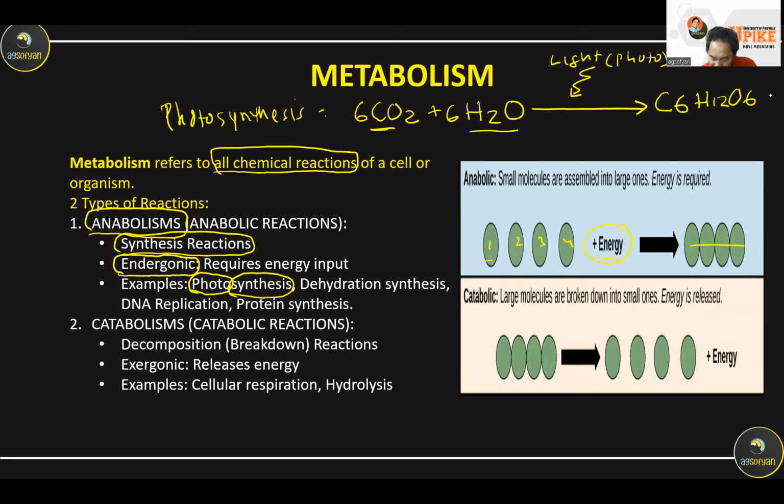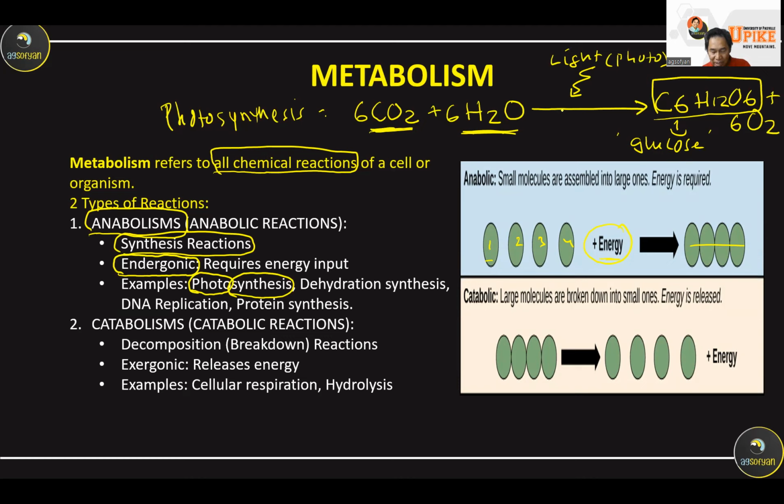And it will also produce a gas called oxygen. If you see over here, the two smaller molecules are converted into a bigger molecule called glucose. Now, if you see over here, the light enters into the reaction.